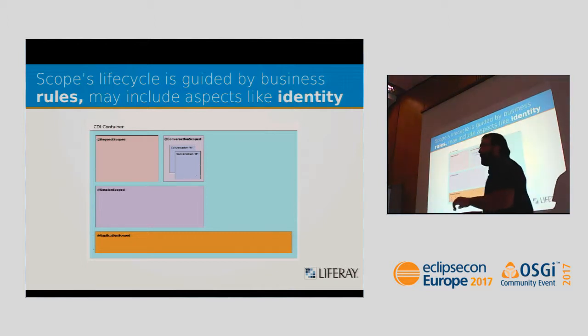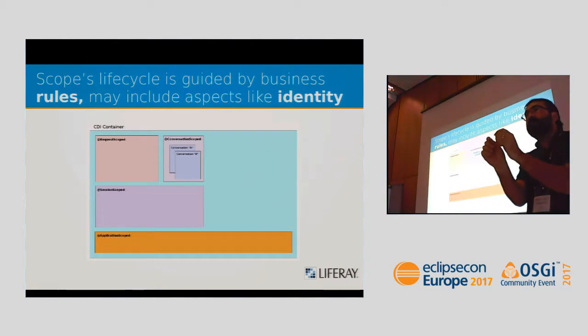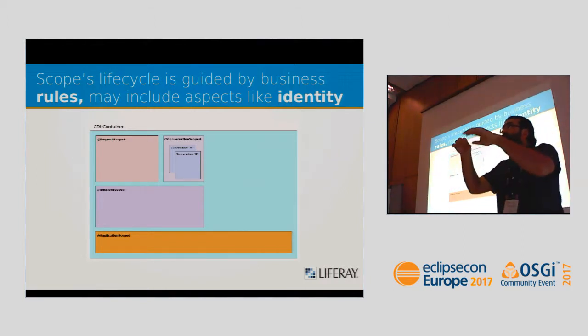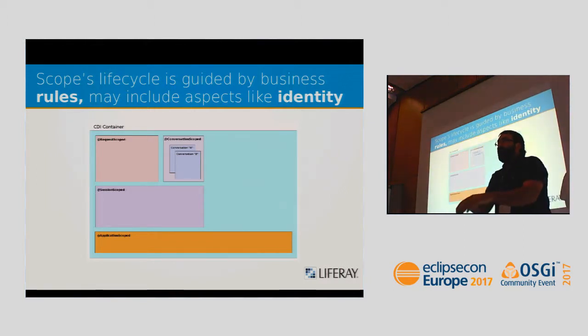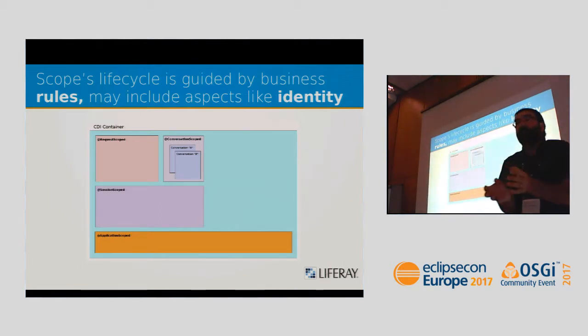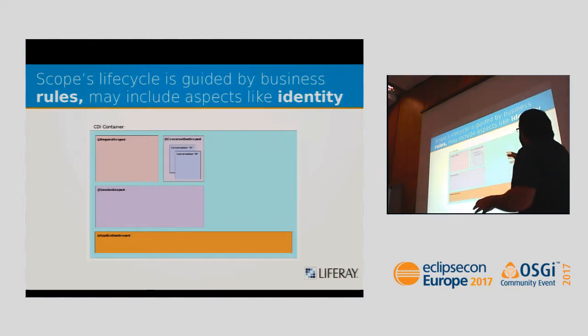Now, the really cool thing about CDI is that scopes are defined in such a way that it's an abstraction. You can create new scopes, and the set of rules that you apply to these new scopes are arbitrary. They basically are based on your own business logic, so they can even include aspects such as identity.